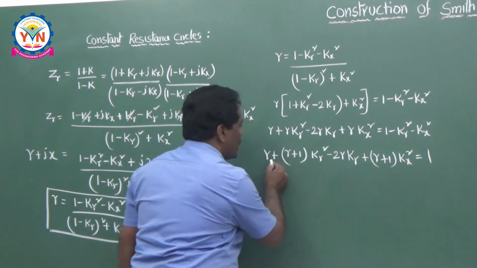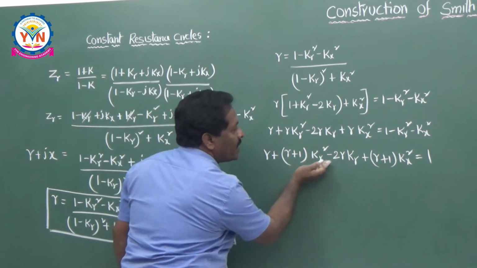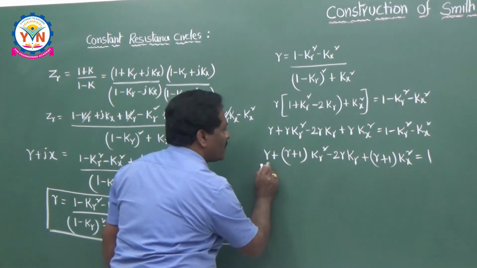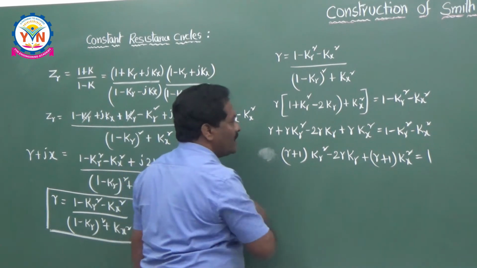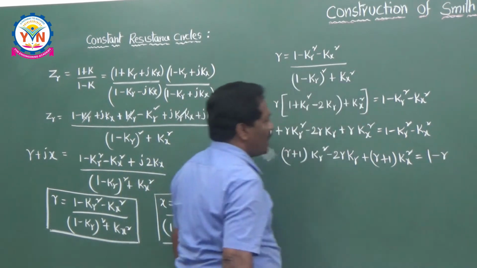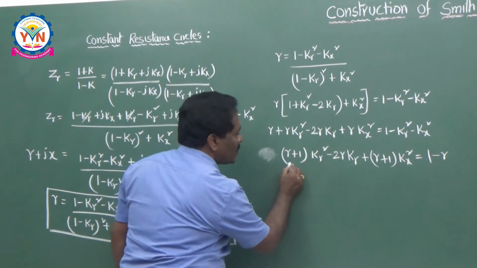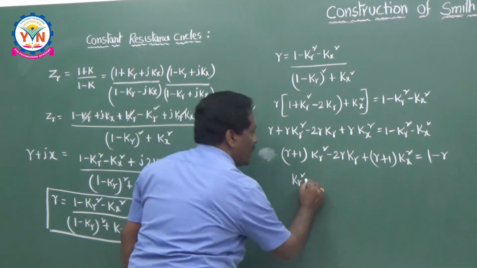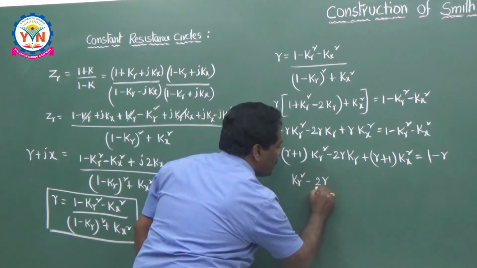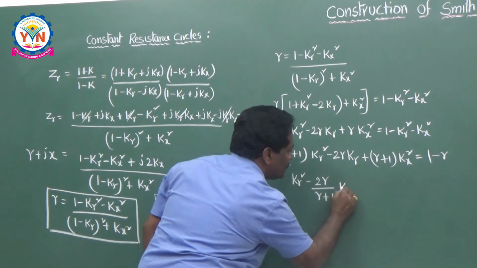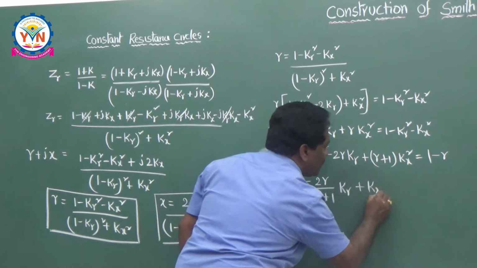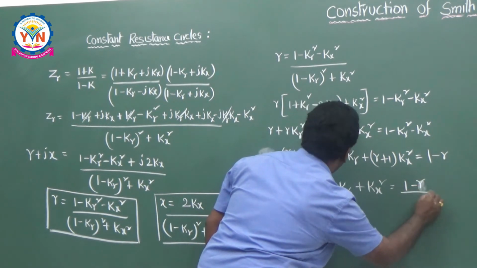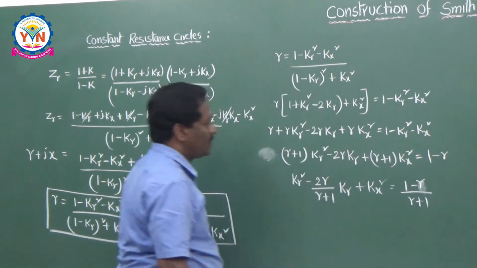Therefore, dividing each and everything by r plus 1, I take this r onto that side, this will be equal to 1 minus r. So this is kr square minus 2r by (r plus 1) into kr plus kx square is equal to (1 minus r) by (r plus 1).